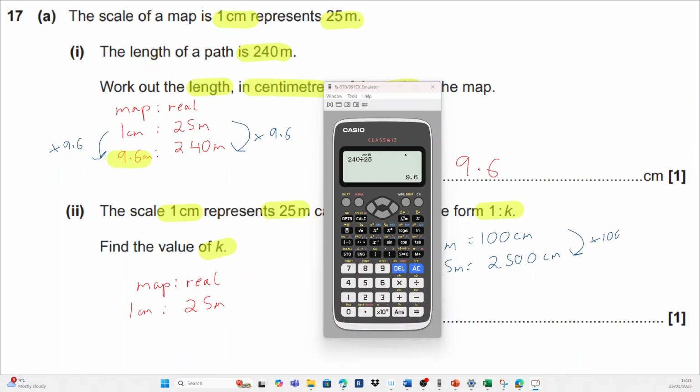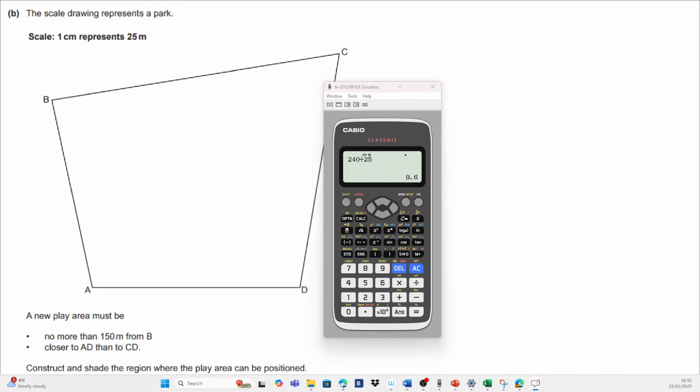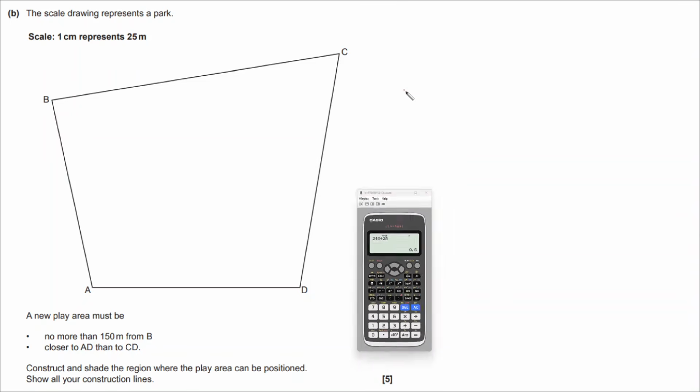So back to over here, we can write 1 centimeter is the same thing in the same units as 2,500 centimeters. So the first number is a 1, the second number, k, is simply going to be 2,500. But really important, guys, you get the same unit. Okay, good.